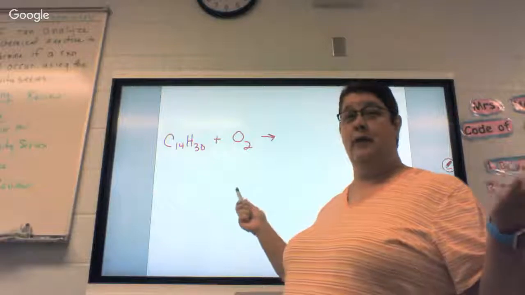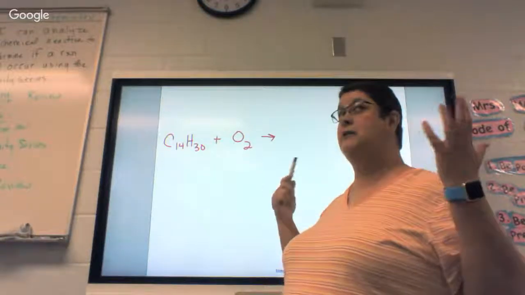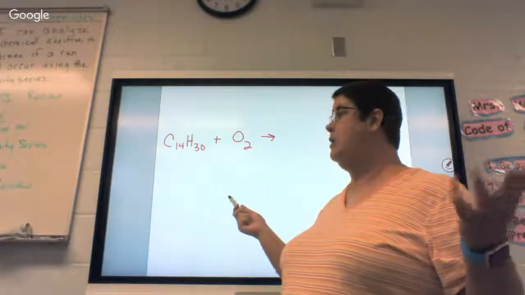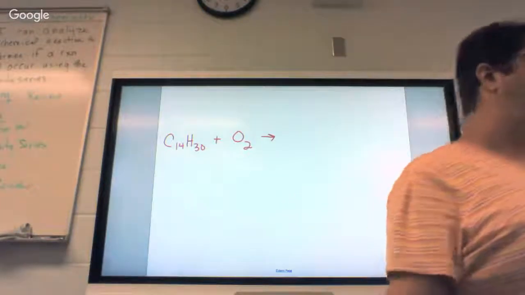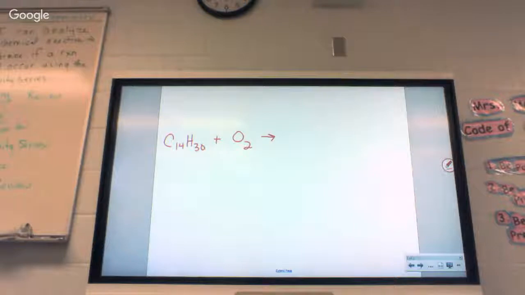If you start thinking, what are the oxidation numbers for C and H, and you see that 14 and 30, that will lead you down a path to, oh my God, I don't know the oxidation numbers. Like I told you the other day, if you start down that path and you have no idea what the oxidation numbers are, that should tell you I'm doing something wrong. It's not single displacement, right?